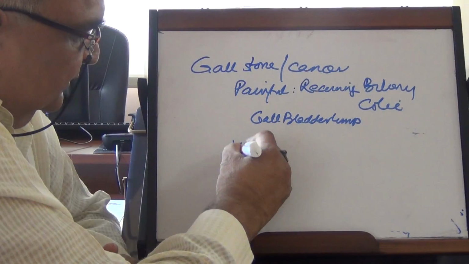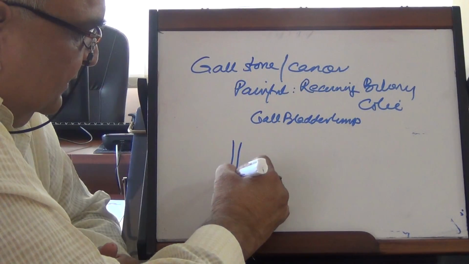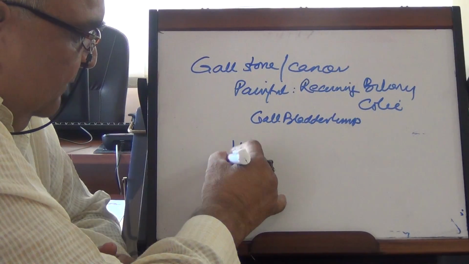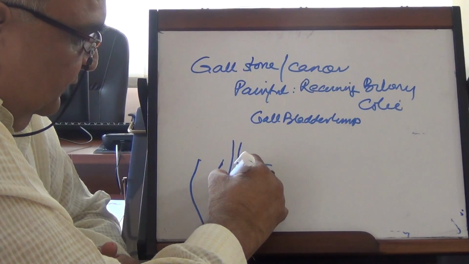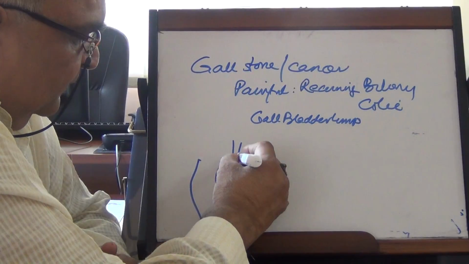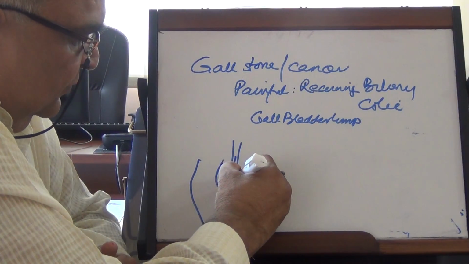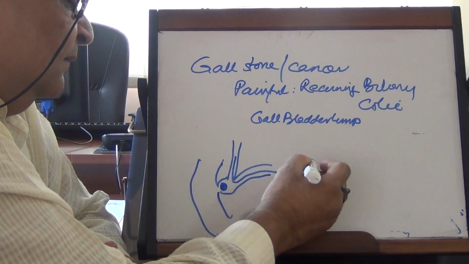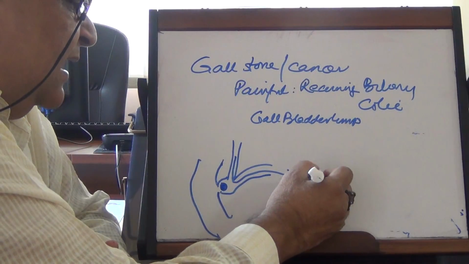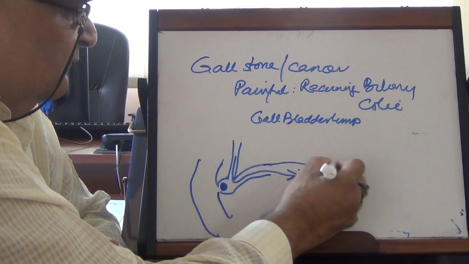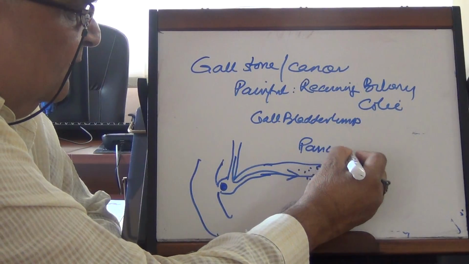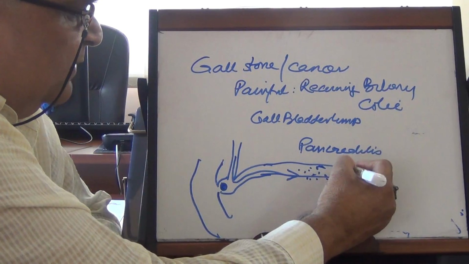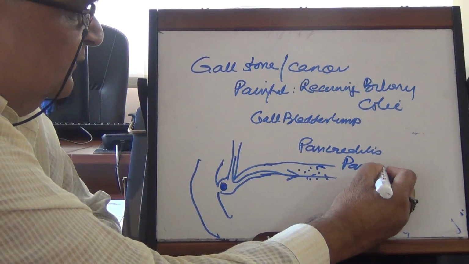And as you know that the bile duct and the pancreatic duct are here, and the ampulla of Vater is here, and this is the duodenum. Therefore, if the stone lodges here, the bile will go back into the pancreas, the pancreatic juice will be activated, and there will be associated pancreatitis and pancreatolithiasis.